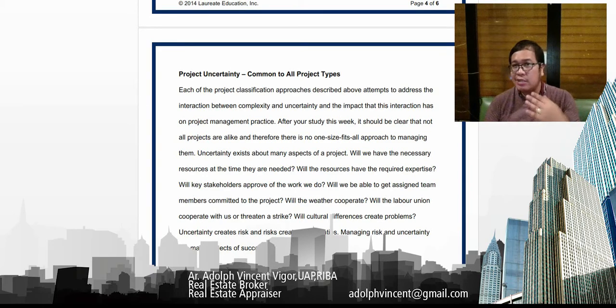Therefore, the management system you're going to use would also be different, because one project location could be farther away from the resources that you're going to need for the project, while another location is closer to the resources you need, so it's going to affect the project. Okay? So there's no one-size-fits-all approach in managing projects.